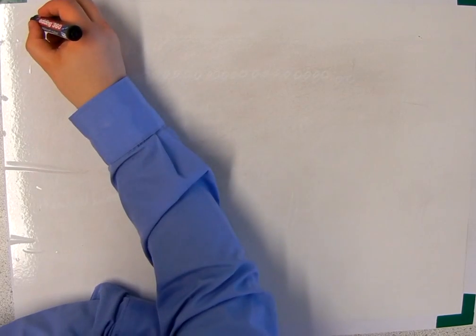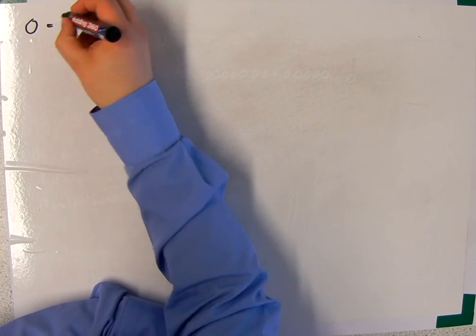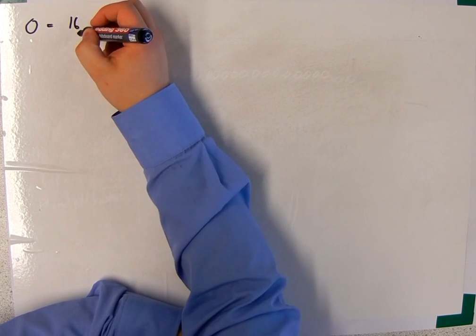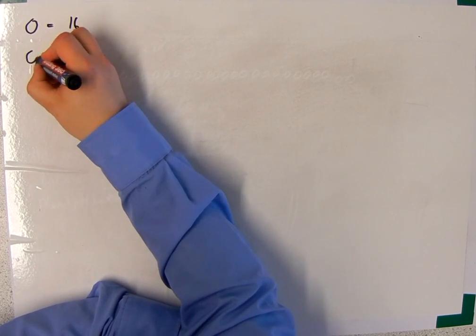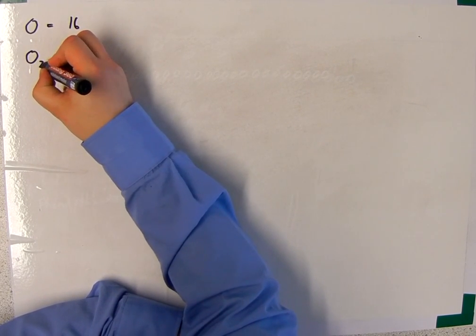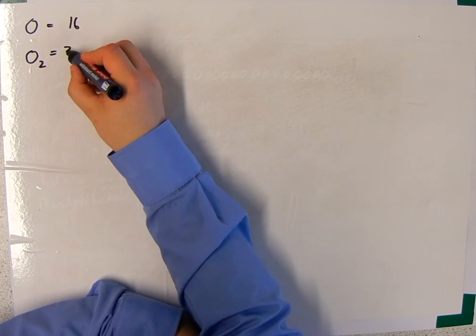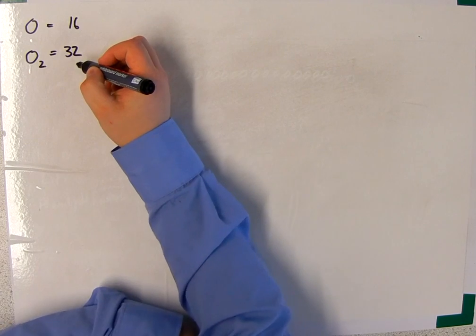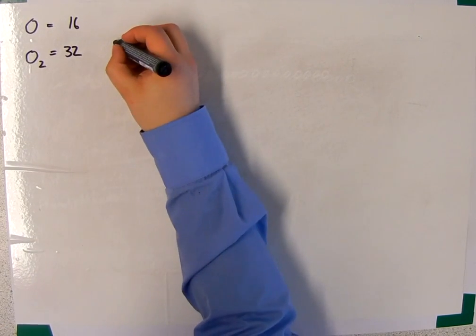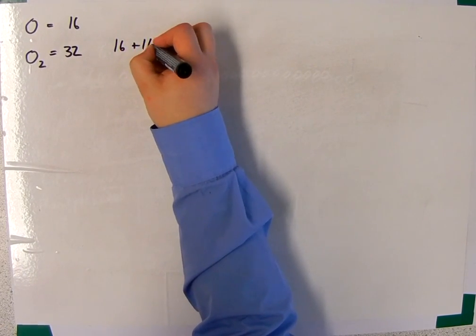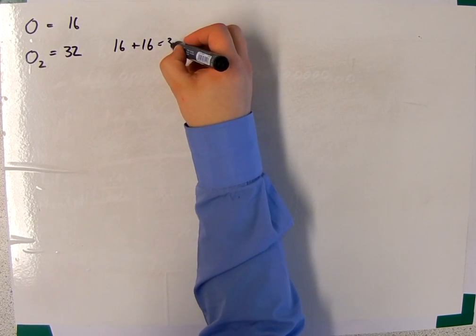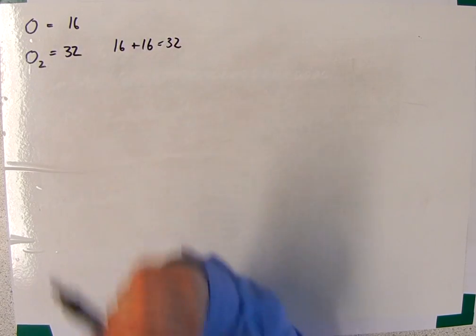So we've talked about oxygen, the element, so oxygen on its own is 16. Oxygen usually gets around as O2, which tells us we've got 2 oxygen atoms joined together. So that's actually going to be 32, because that's 16 plus 16. That's our molecular mass.